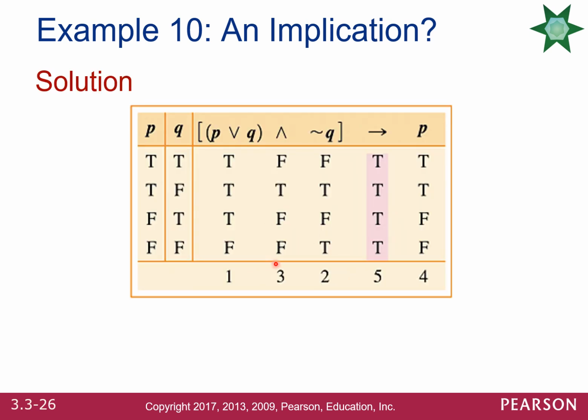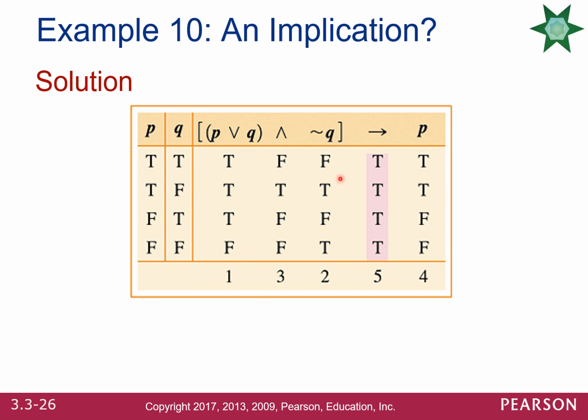Here we have the truth table worked out for us, but we will walk through it and see whether it is an implication or not. Again, keep in mind that in order for it to be an implication, the final truth values should all resolve to a true value.